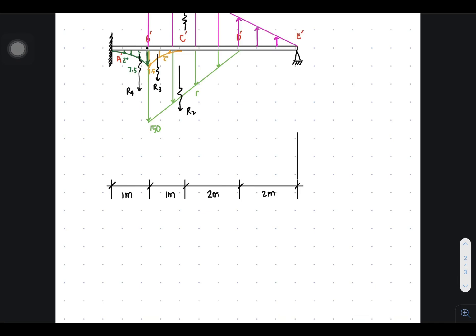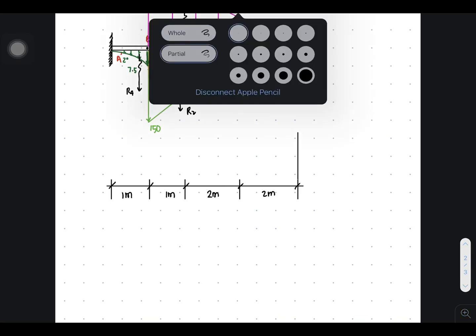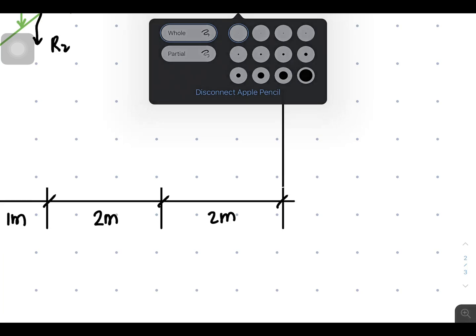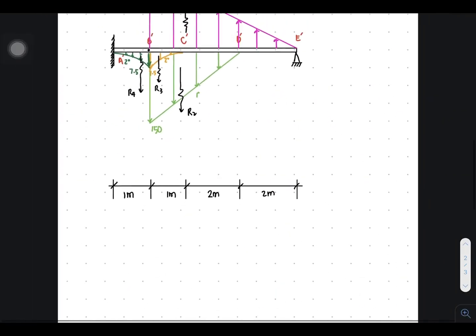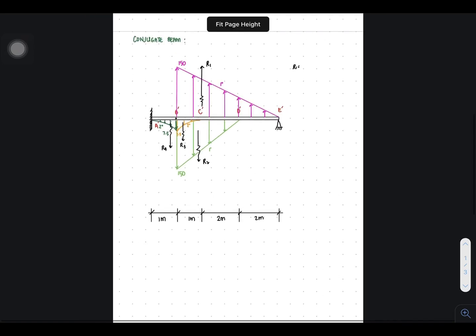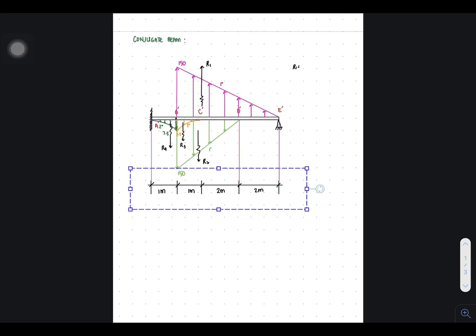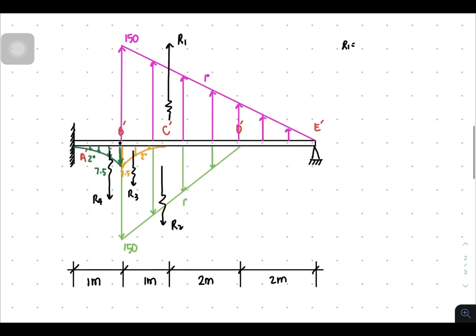So kani siya kay wala na delete. Okay. So here, let's just move it up a little bit closer upward para makita na to ang distances.